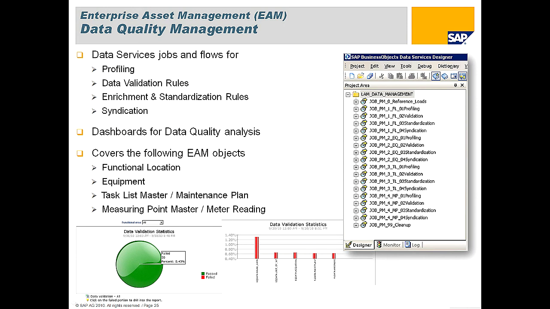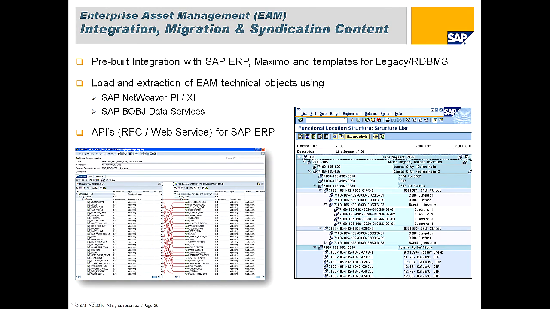Then from a data services perspective, we have profiling, validation, covering the 4 entities we were talking about. And finally, as I said, the integration and syndication, like once the data cleansing is performed, how do we syndicate it back to SAP ERP, for example, plant maintenance, or pull it from SAP or Maximo and bring it into the MDM.